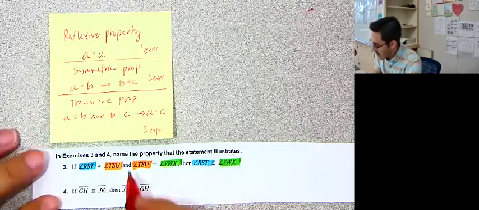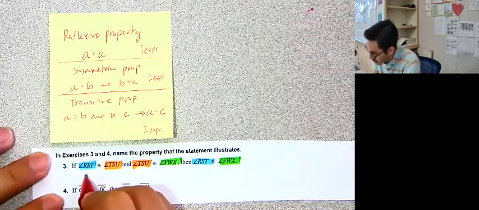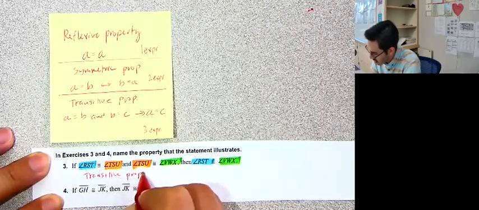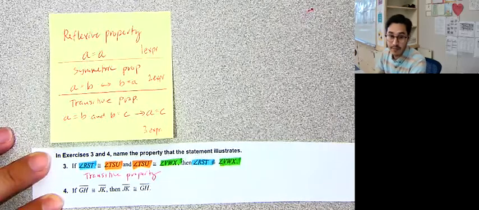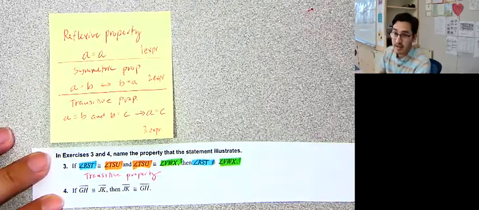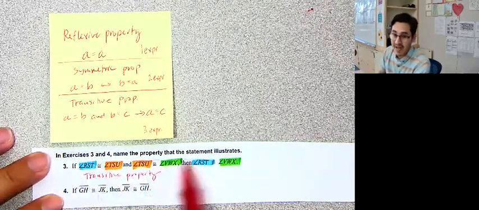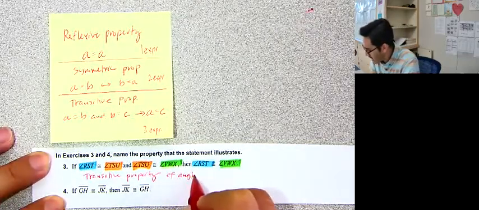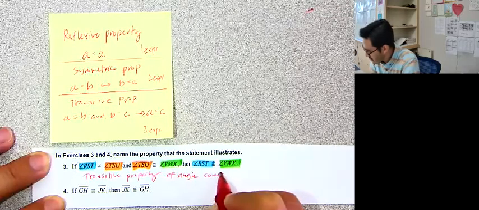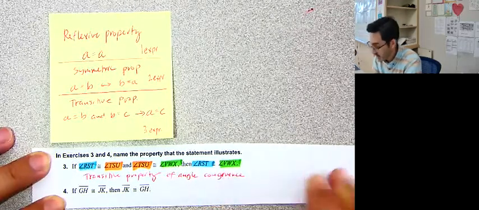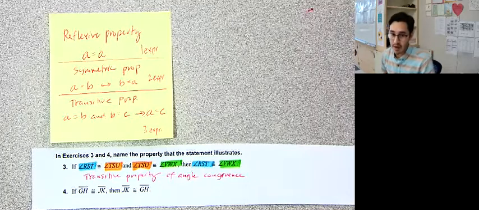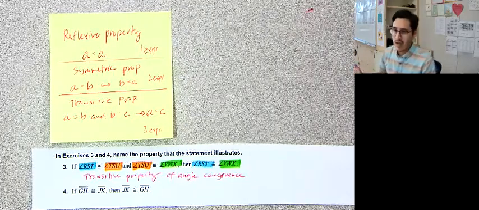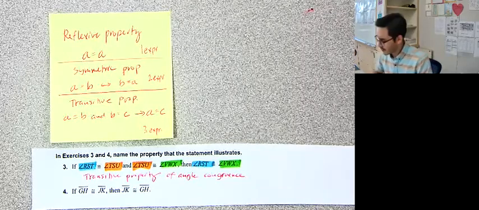So I can say that statement number 3 is an example of the transitive property. Specifically, I'm using the transitive property with angles, so transitive property of angle congruence. That is the official name of the property, but as long as you can recognize that this is the transitive property, I think that's good enough.